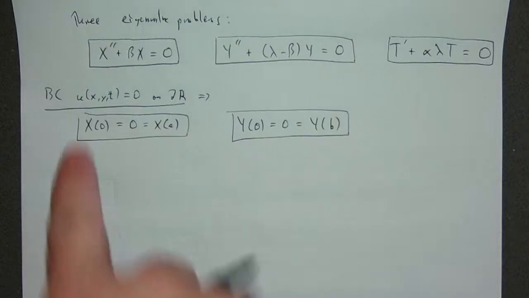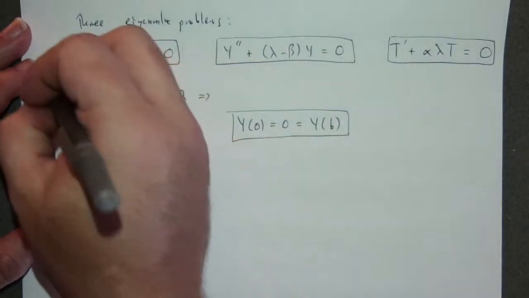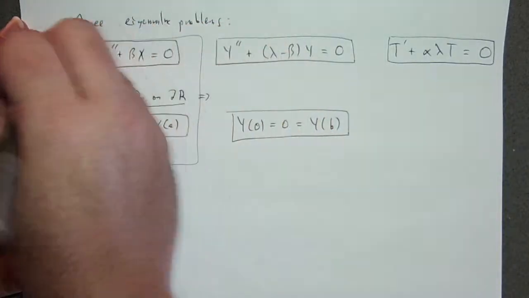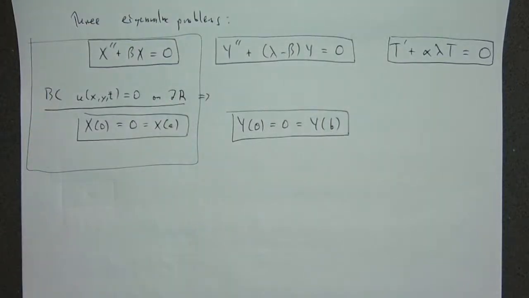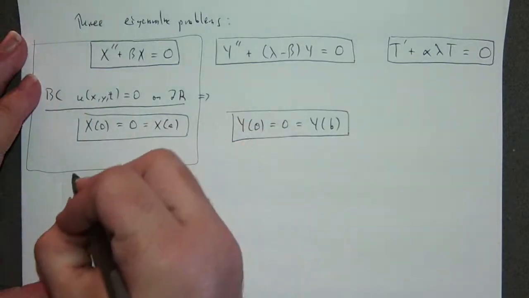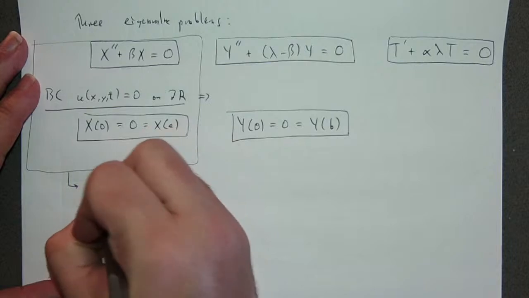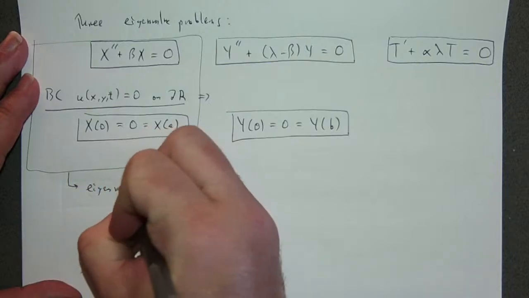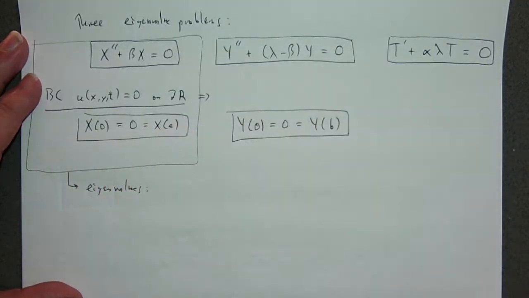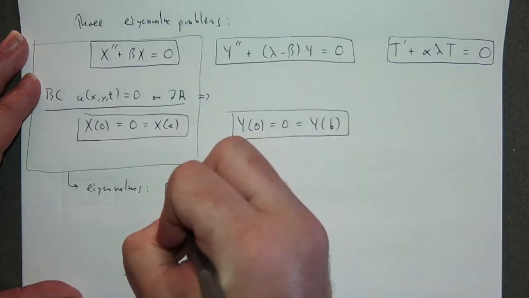Okay, so now I have 3 eigenvalue problems. Well, this is my favorite, Dirichlet, right? Homogeneous Dirichlet eigenvalue problem. Very happy here, right? Because I immediately know that from this I get eigenvalues, which are beta sub n, we'll call them.